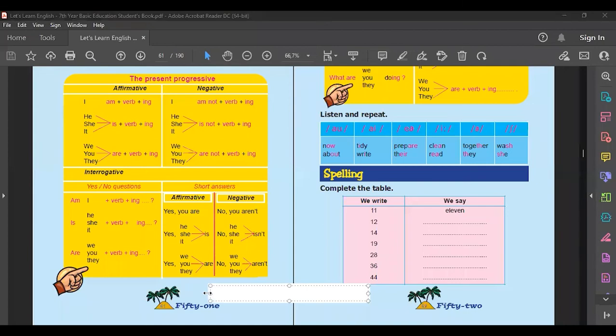The affirmative form is subject plus to be plus verb plus ing. In the interrogative, we switch: to be comes first, plus subject, plus verb plus ing.